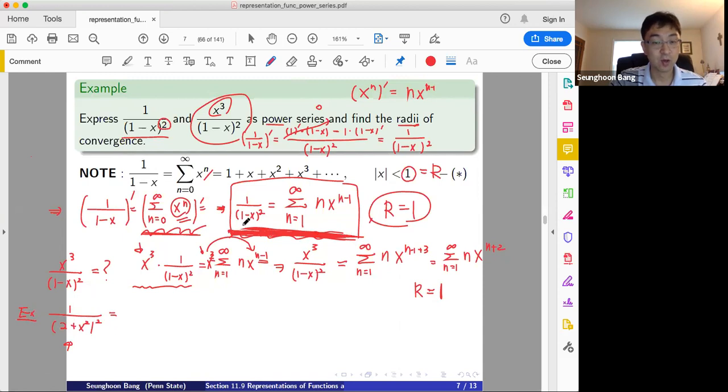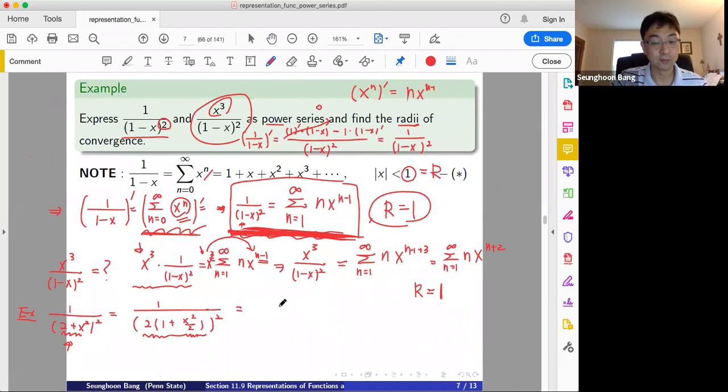What does it mean? Only change the 2 to 1. How? Only take out 2: 1 over 2 times 1 plus x squared over 2, squared. So 2 plus x squared is the same as 2 times 1 plus x squared over 2.